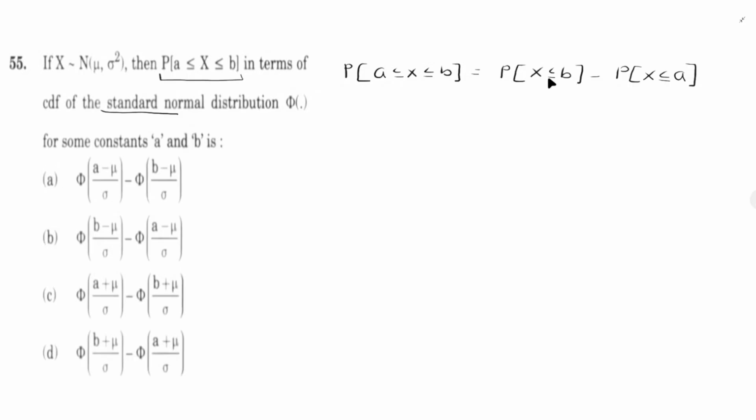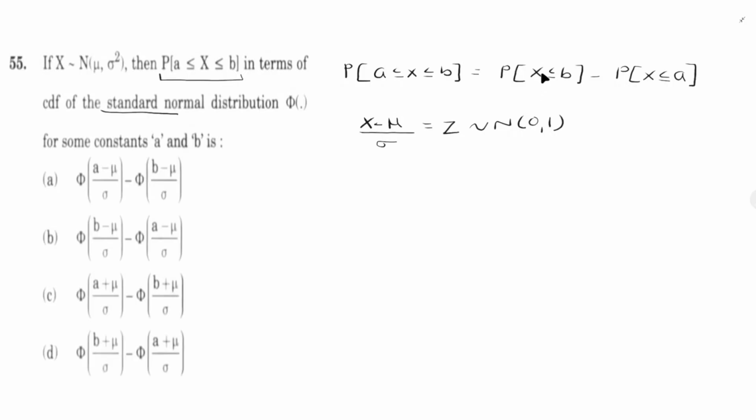Now we need to transform this random variable X into the standard normal variable. How do we transform? If we have a normal random variable X, then we subtract mu, the mean, from it, then we divide it by the standard deviation sigma. Now this is called Z. Now this Z is standard normal variate with mean 0 and variance 1.